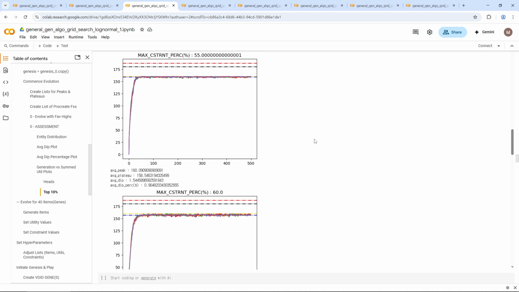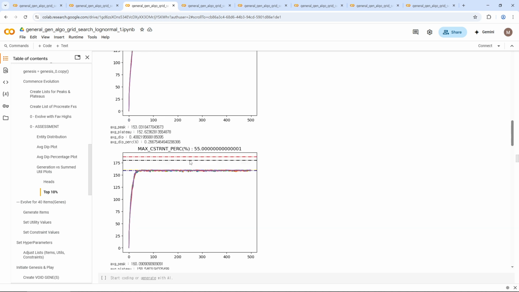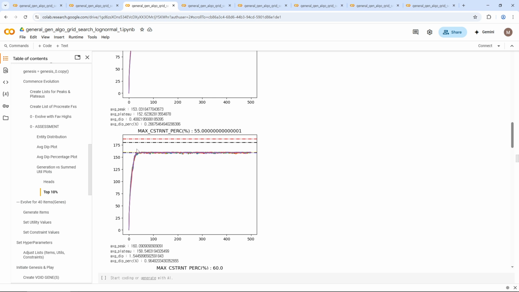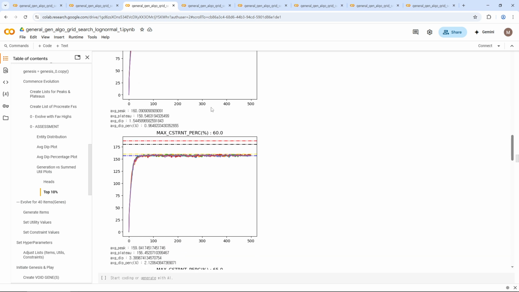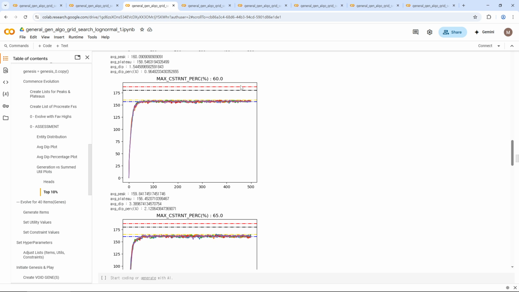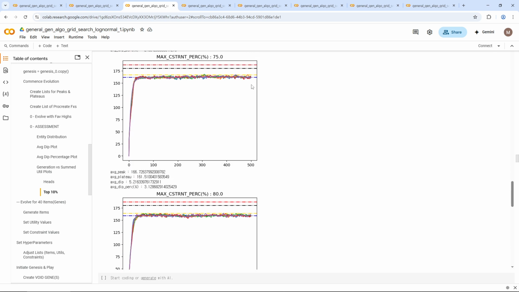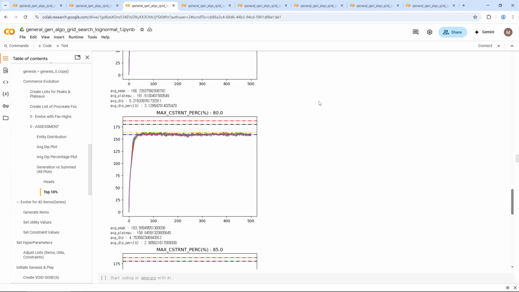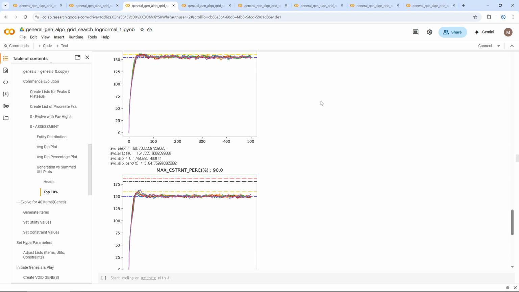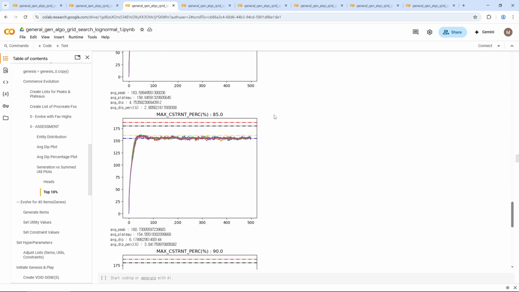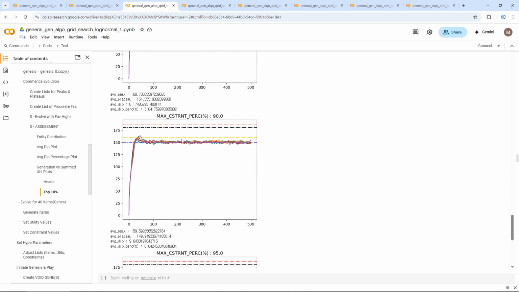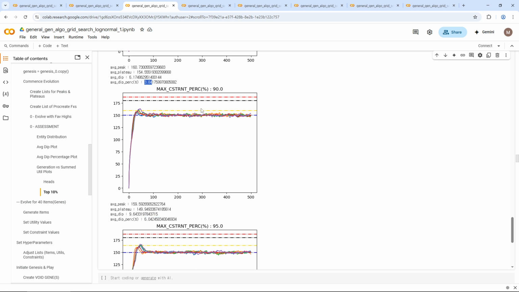45, 50. Now we start seeing the separation of these yellow and blue lines. At 85%, we do start getting peaks. At 90%, we did have some peaks, and therefore some plateaus, being 6% and maybe 3.8% for that.